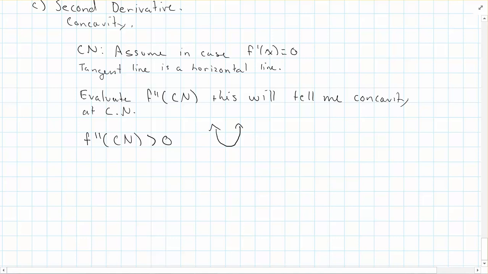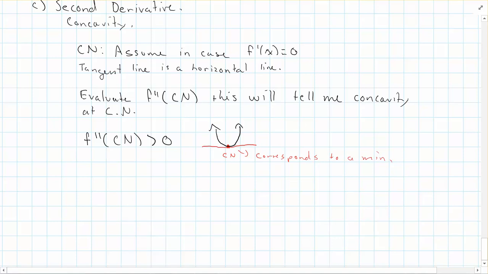But then at the critical number, we know that I have a horizontal tangent line. So the critical number has to be right down here. And so this is my critical number. And what do we just know here? Well, just based off this little picture I drew, this corresponds to a min.